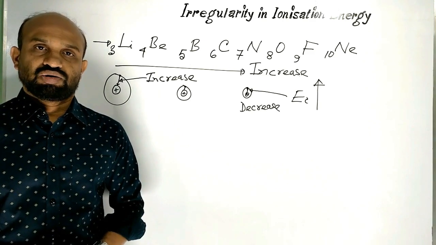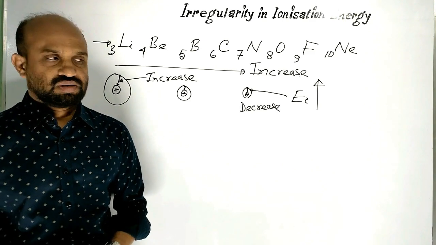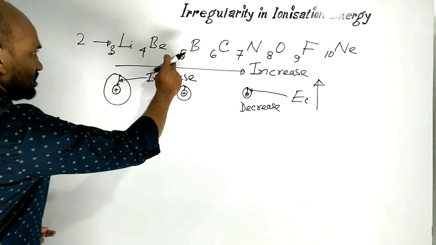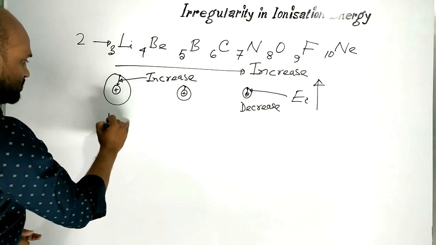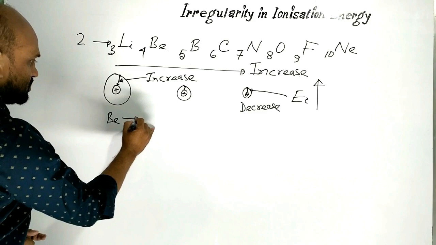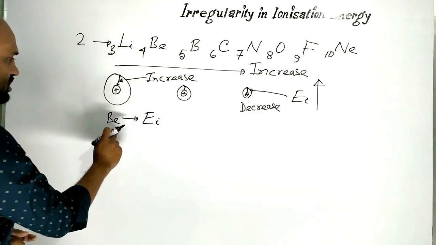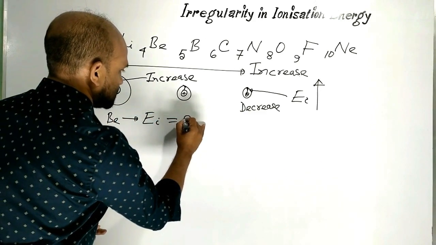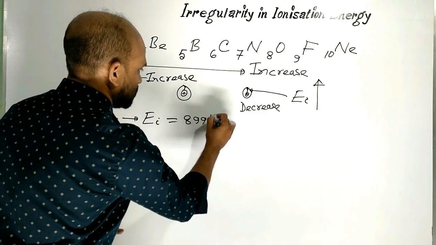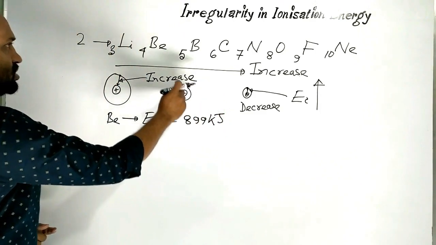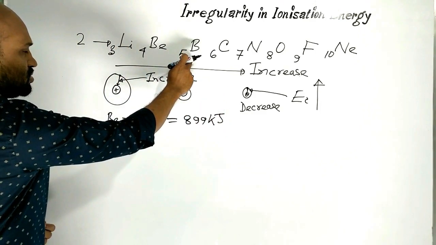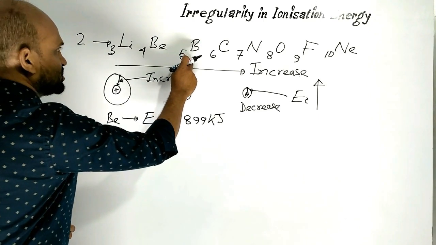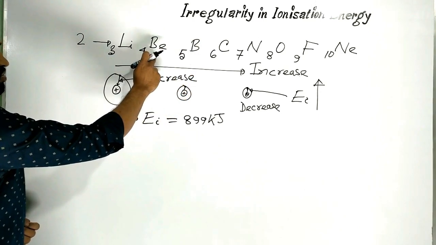What is the irregularity? Let's see the matter. Here, beryllium. Ionization energy for beryllium is 899 kilojoule per mole, and boron belongs to the right side of beryllium.